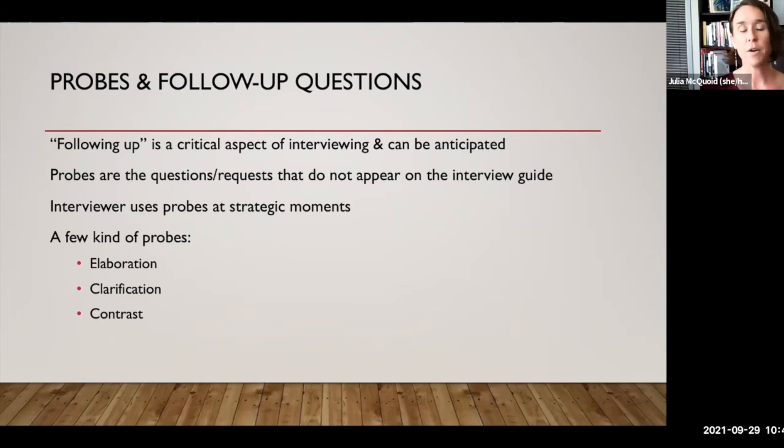So I don't know, as an early career person myself, I'm figuring out how to train up and support teams of interviewers who maybe have no experience or very little experience. And so I start out with providing the study design so that they can read the design of the study, the rationale behind it.